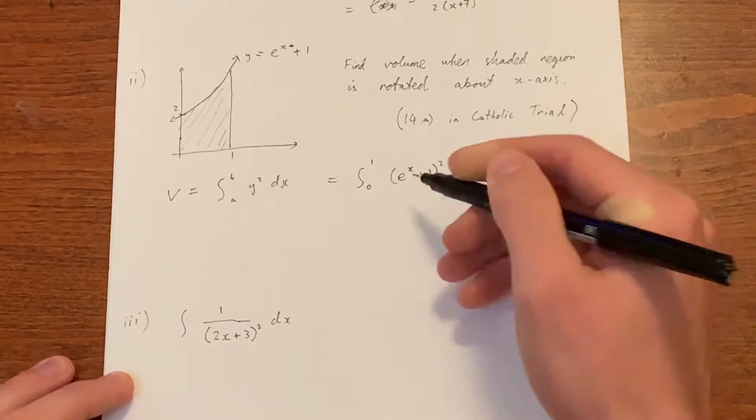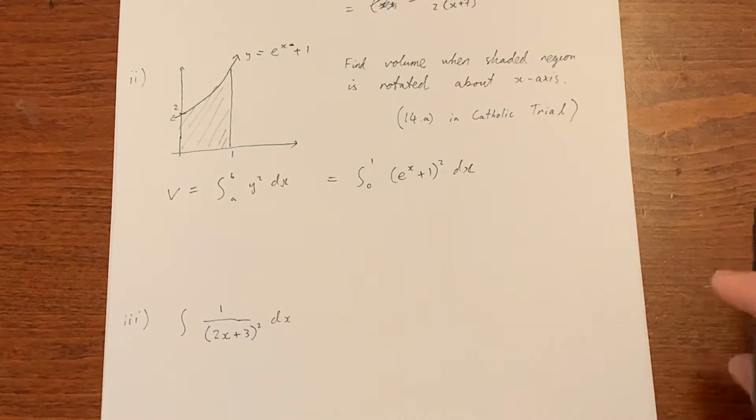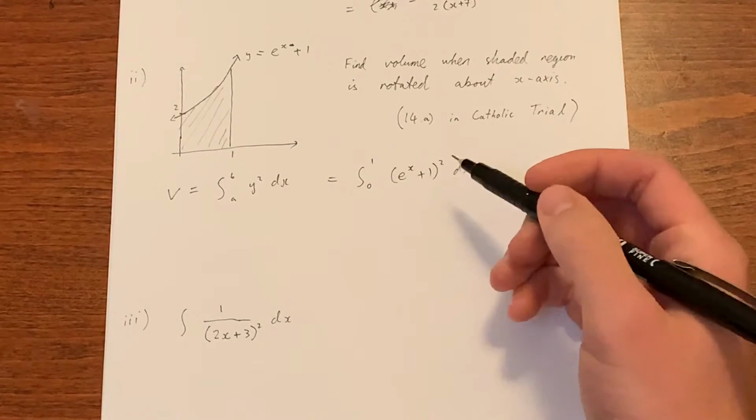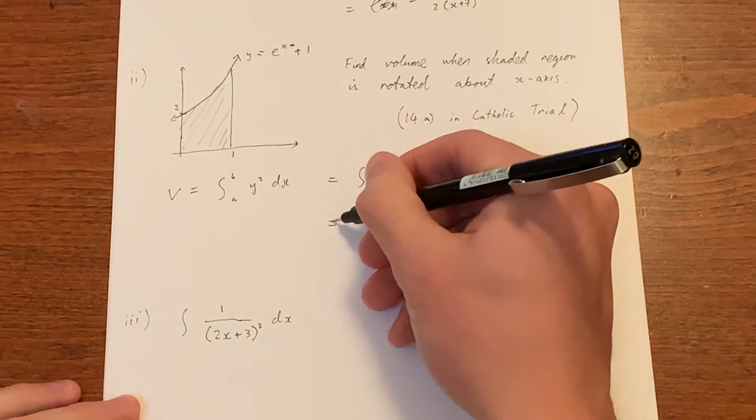And now we see we have a function of x to a certain power. And this is the exact sort of situation where it looks like you might be able to apply the reverse chain rule, but you really can't. So what we actually have to do in this instance is we have to expand it, yeah?